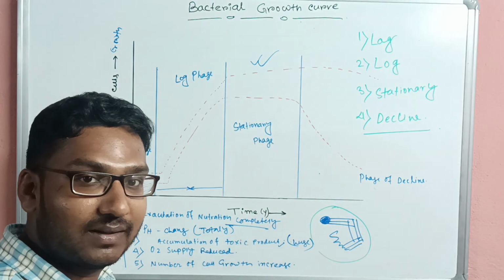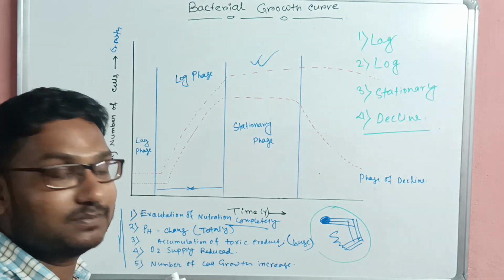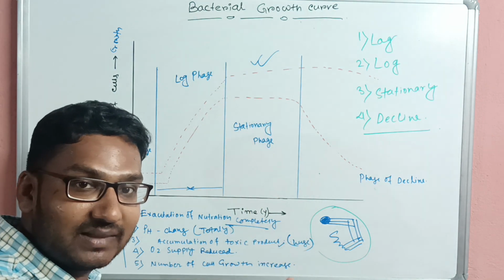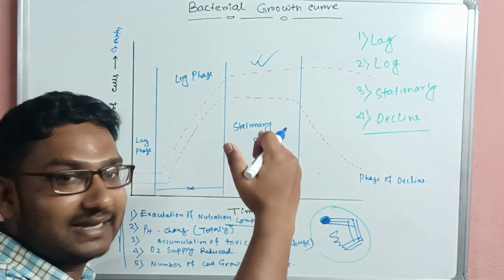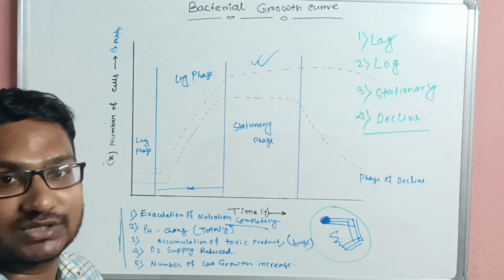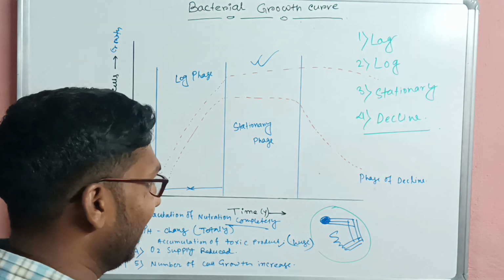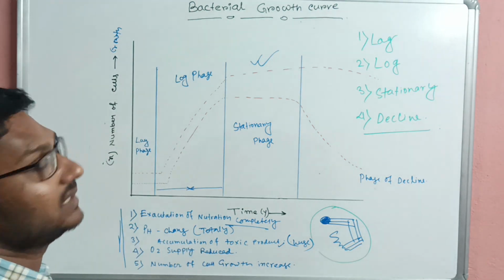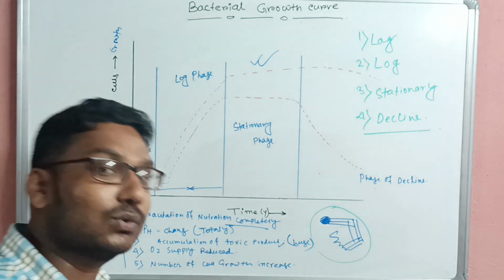After that, totally unfavorable conditions are present, the bacterial cells will die, and the graph goes down to the lower portion. So that is the main thing with respect to time and number of cell growth. This one is the bacterial growth curve.